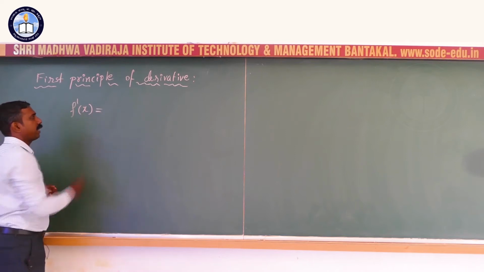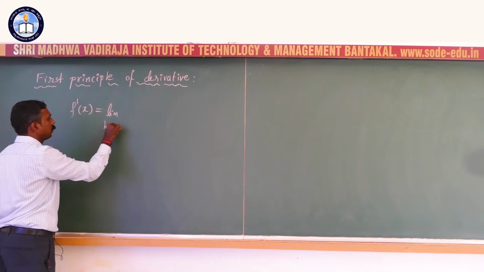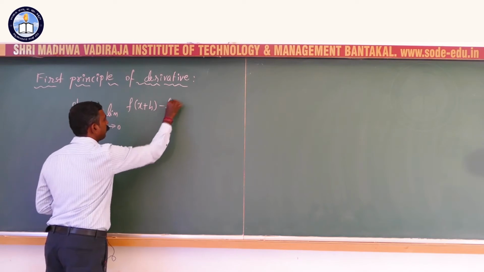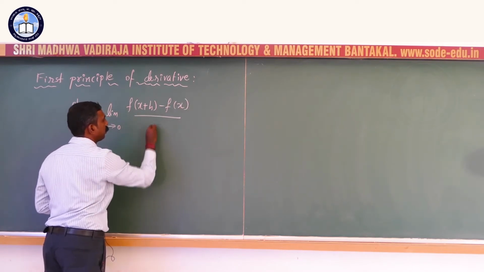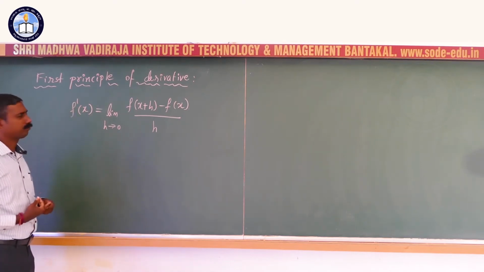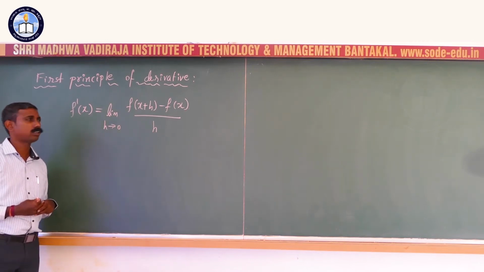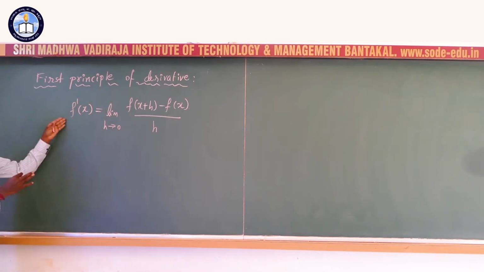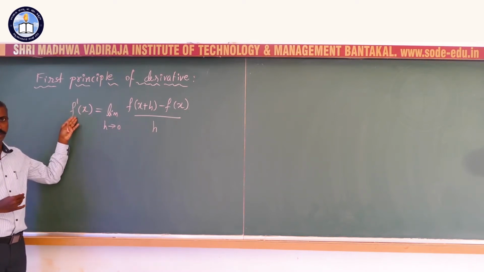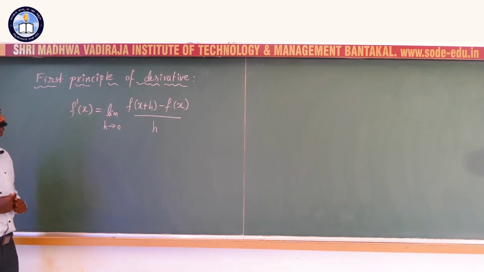So here f dash of x is equal to limit h tends to 0 of f of x plus h minus f of x divided by h. What is f of x first of all? f of x is a real valued function. A real function f of x is given and f dash of x is equal to this. So this is the notation we are using to represent this. This is known as the first principle derivative.